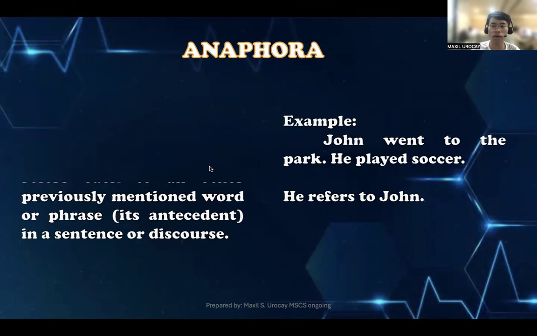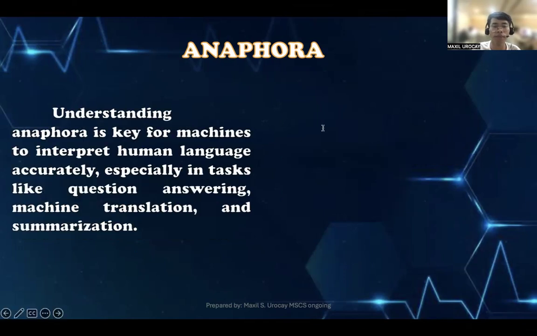Understanding anaphora is a key for machines to interpret human language accurately, especially in tasks like question answering, machine translation, and summarization. That means if we observe anaphora, it ensures our sentences flow smoothly without repeating the same noun over and over again.